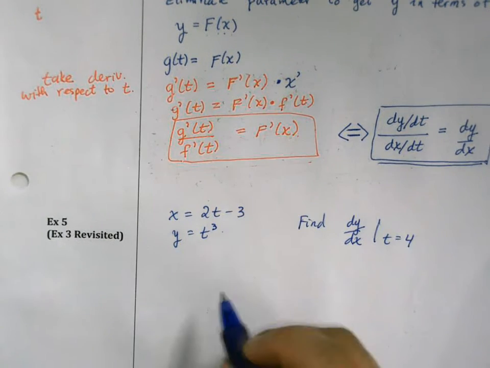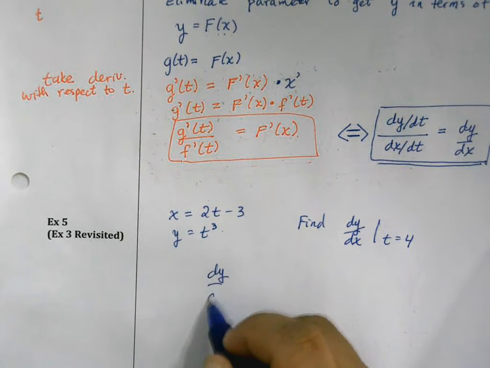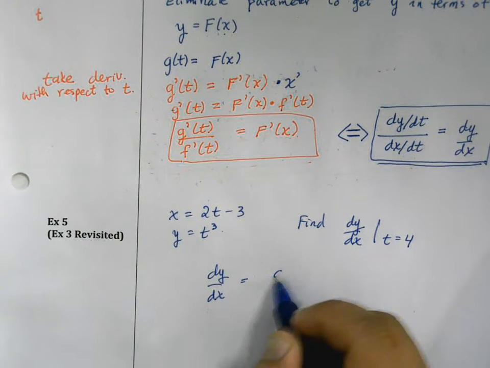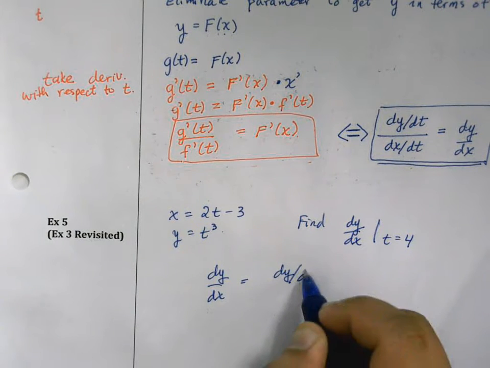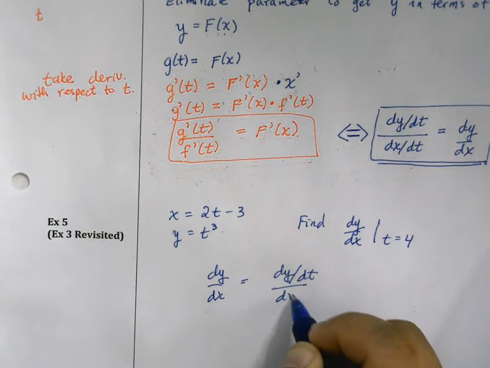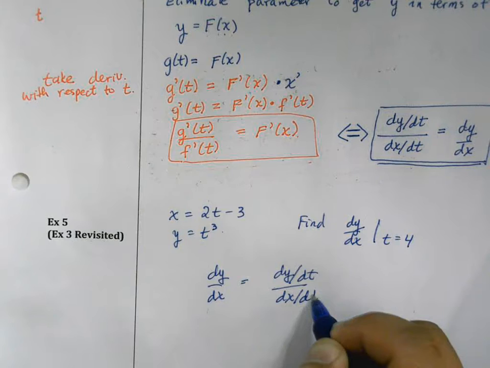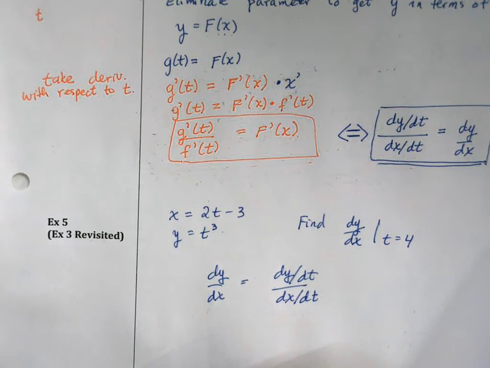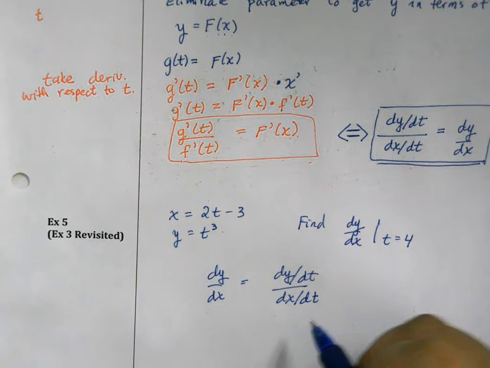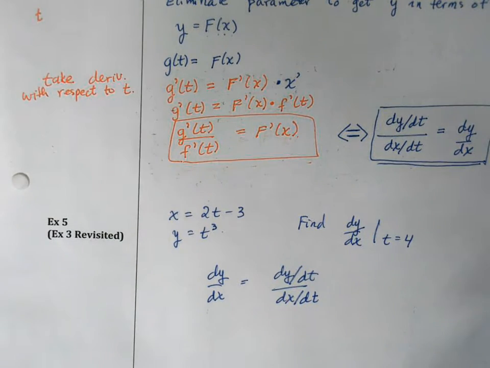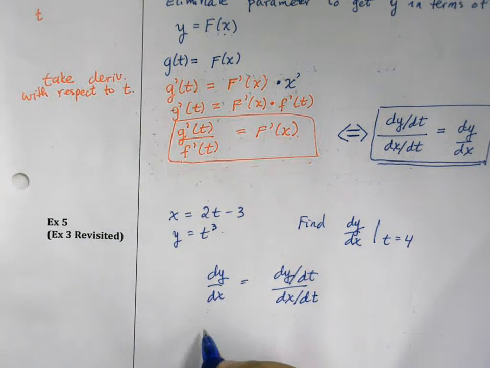We're going to use this rule that dy/dx is equal to dy/dt over dx/dt. These are derivatives here. A lot of people treat these plainly as fractions, and they're not quite correct, so we have to treat these as derivatives.